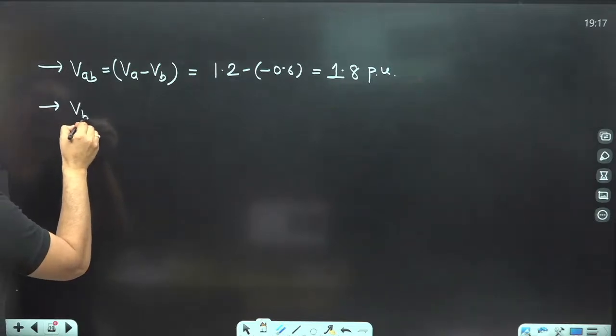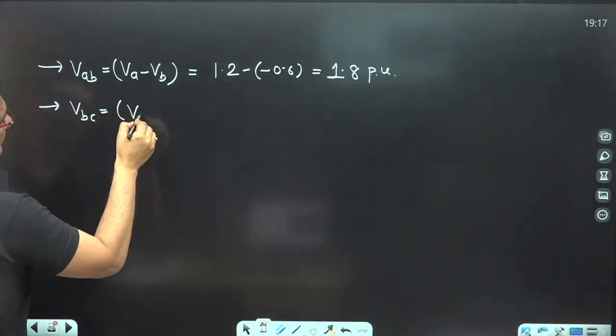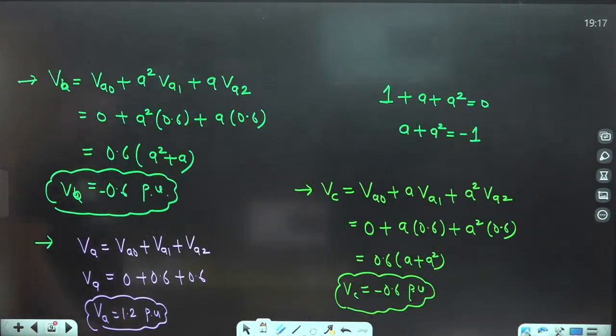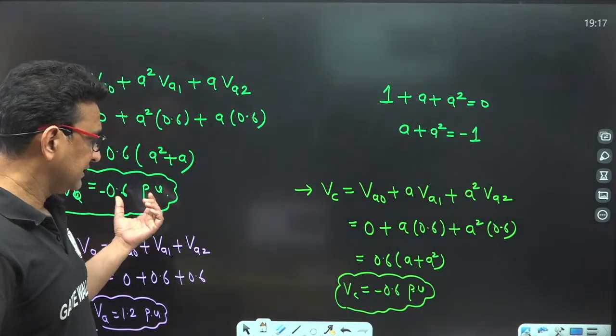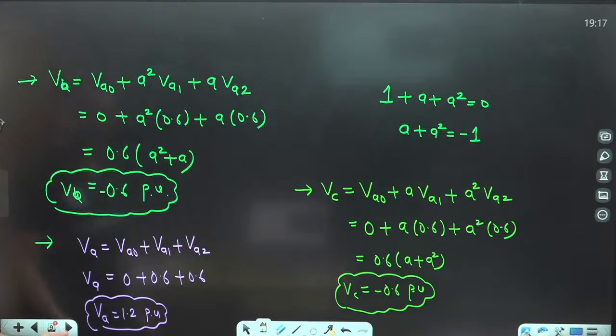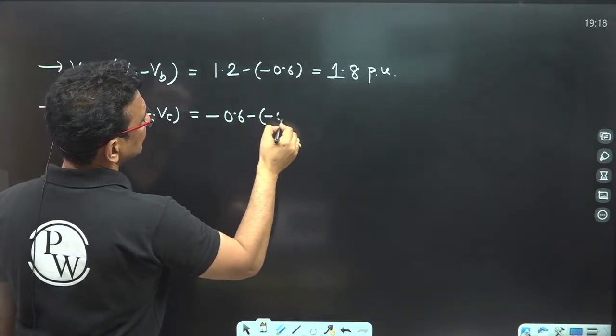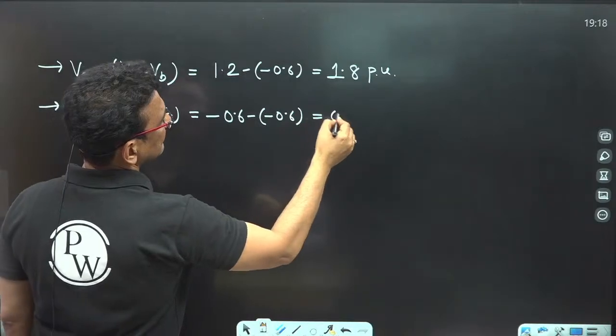Similarly, VBC is VB minus VC. VB is minus 0.6 and VC is also minus 0.6. So minus 0.6 minus 0.6 has become 0, the 0 pu.